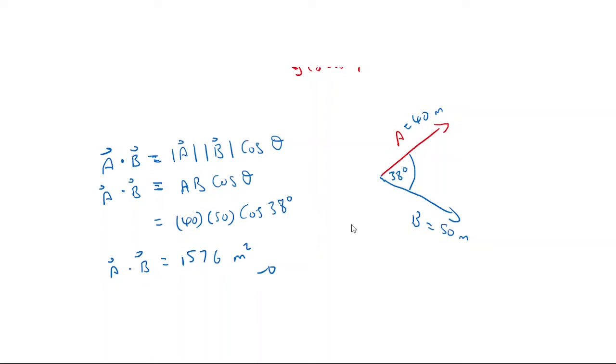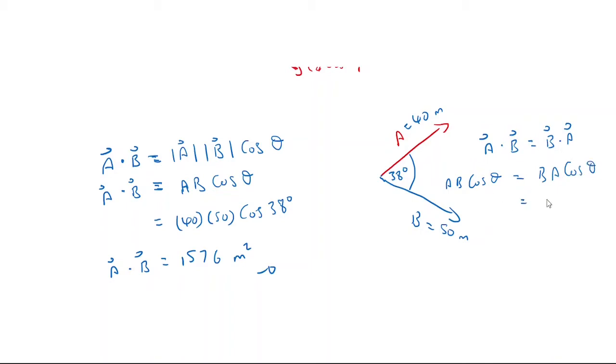All right, now another thing that you should notice is that when you do it like this, it's going to be the same also if you dot B by A, so it doesn't matter the order, right? You're going to get the same answer, and this is because the one on the left is going to be A B cos of theta, and the one on the right is going to be B A cos of theta.